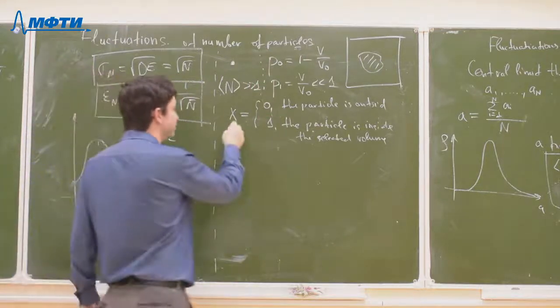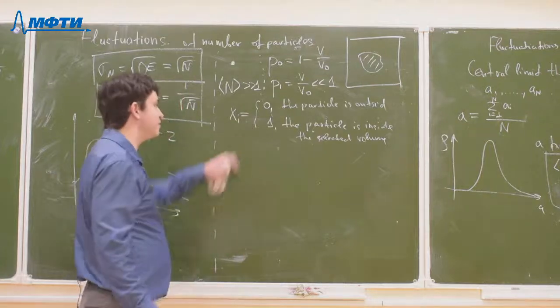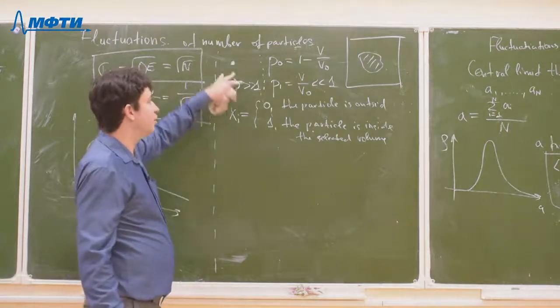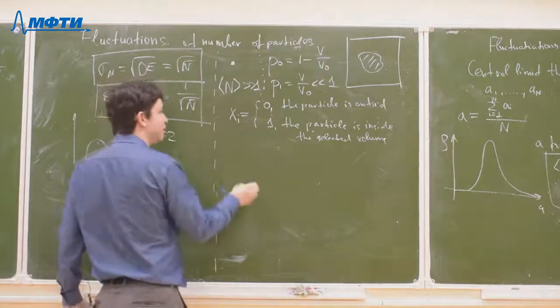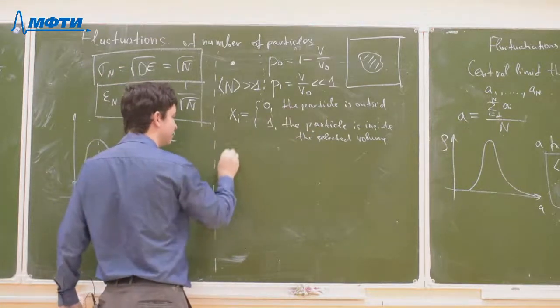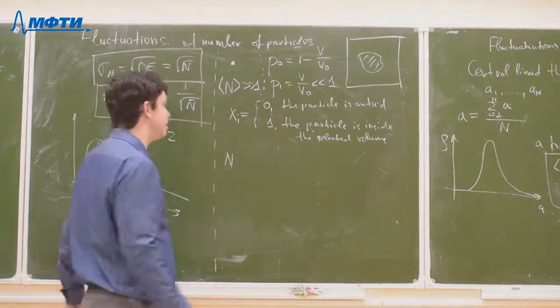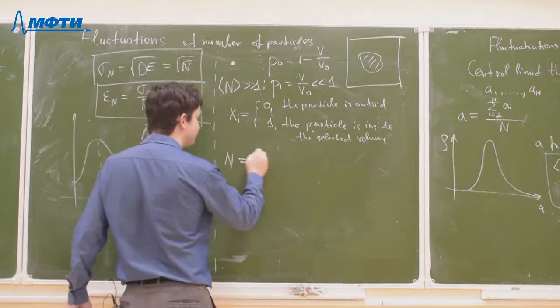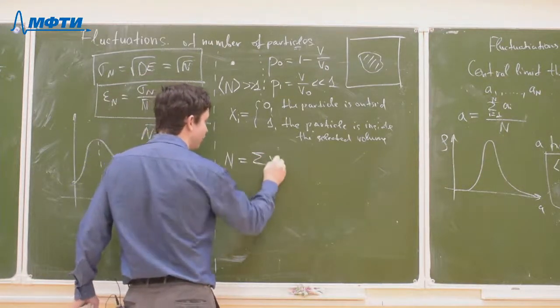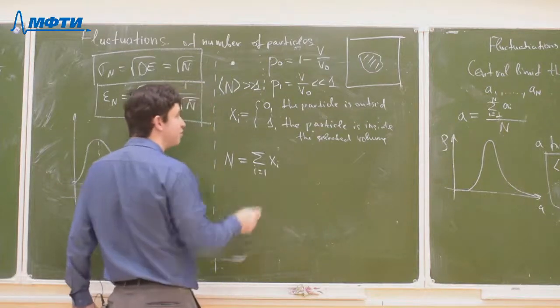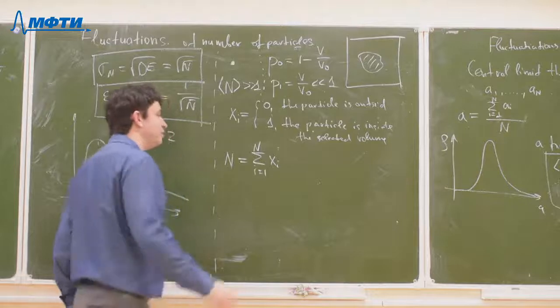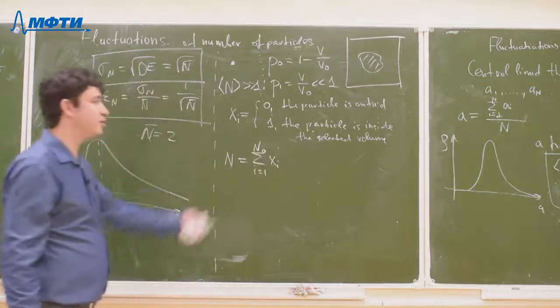Okay, so we have this xi quantity for the molecule number i, and the number of particles inside the selected volume is equal to the sum of all of the xi, starting from the first molecule and ending with the last one, which is the molecule number N0.